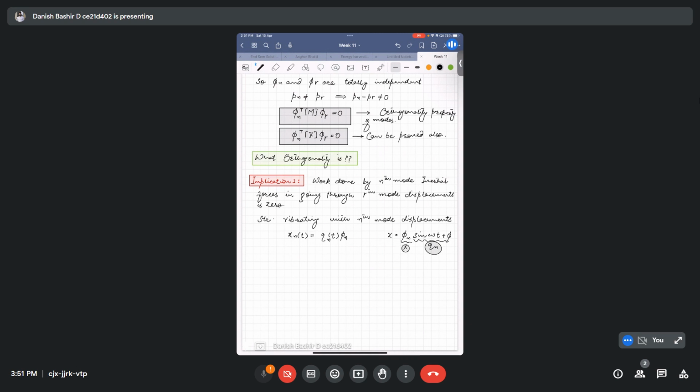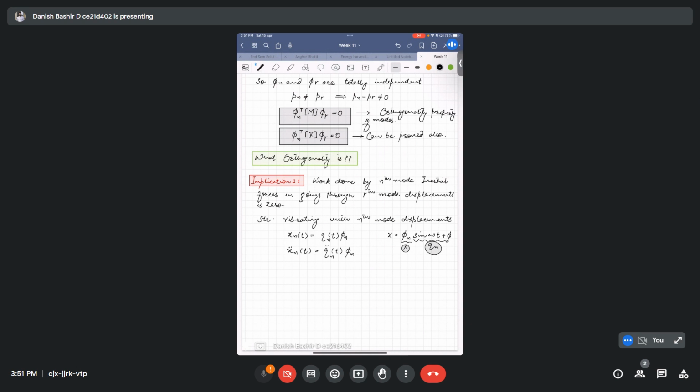So correspondingly the acceleration of this mode, x double dot of t, will be equal to qn double dot phi n. Phi n is only dependent upon the space coordinates, so it will not have any differentiation with time.